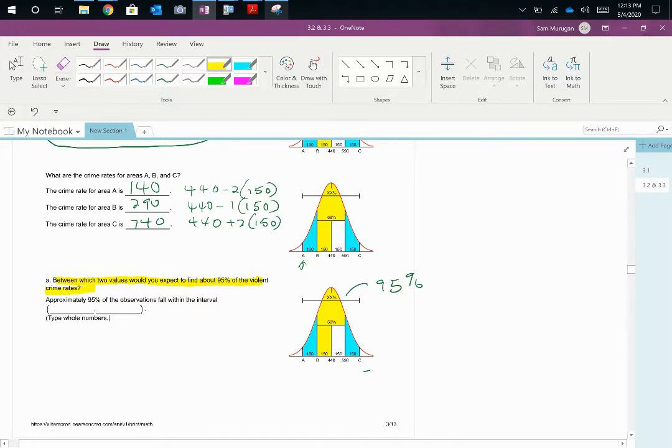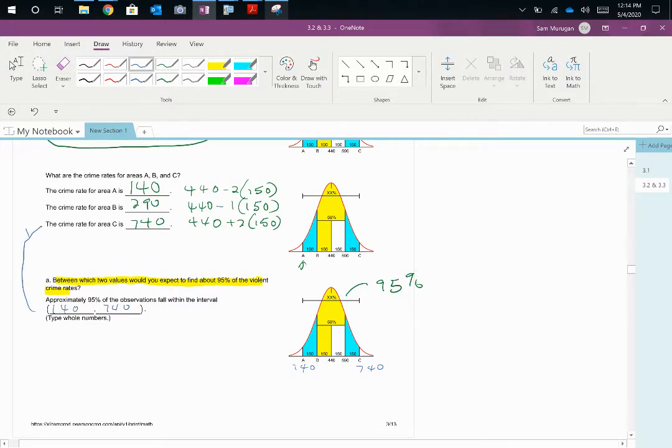All right, so 140, 290. That would be within 2 standard deviations, which we computed as 140 and 740, between the 2 standard deviations out. We already computed that from up here, right?